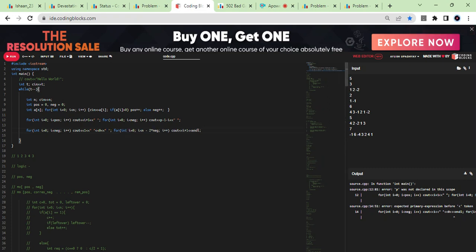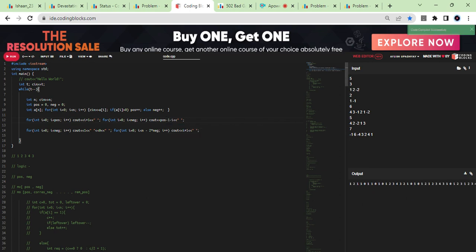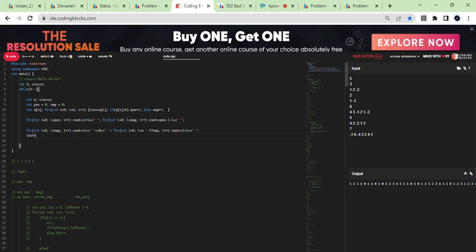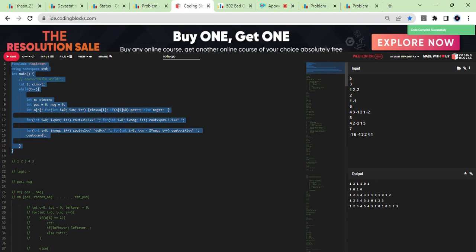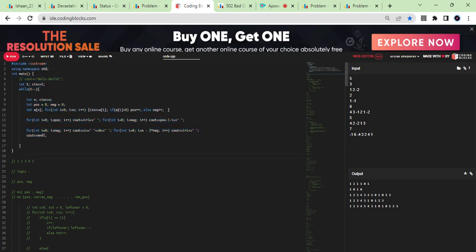Not endl, but yeah. Over here also, p is for sure not defined, pos is defined, endl is not there.